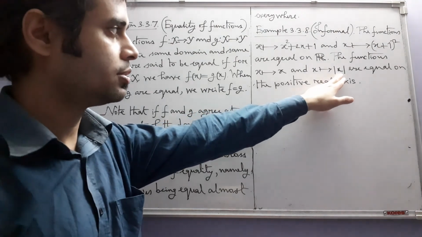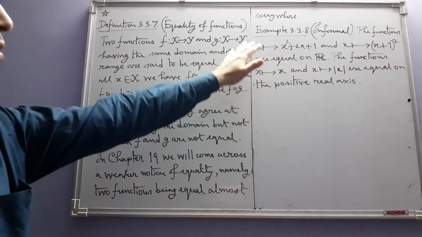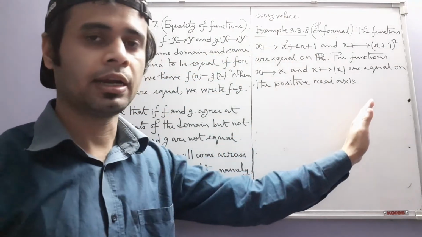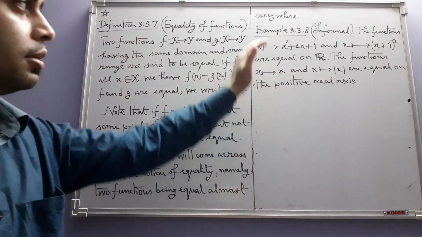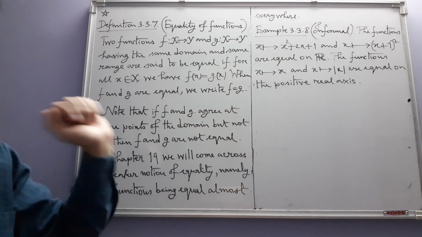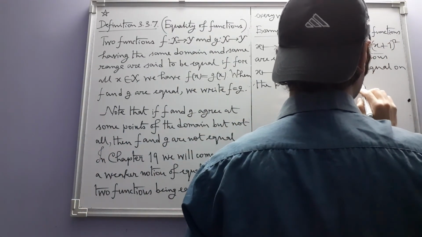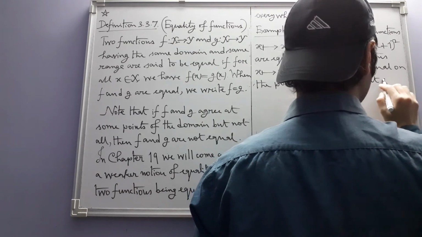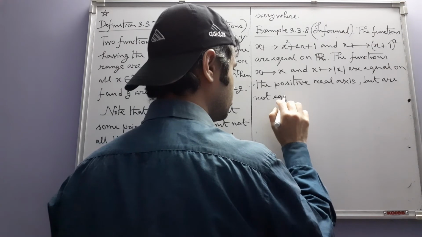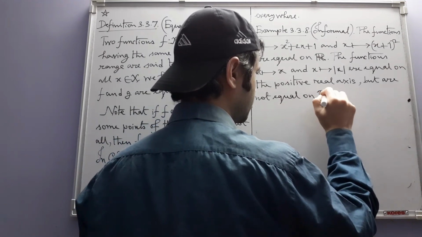We are also using the absolute value function which we have not defined properly. So that's why this is informal, and you have to understand these things. See, positive real axis. What is positive real axis? You have to understand these things in terms of the prior knowledge that we have about them. Okay, positive real axis, but are not equal on R.